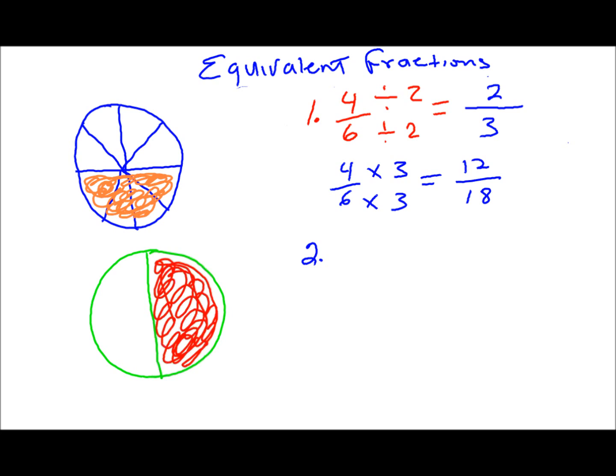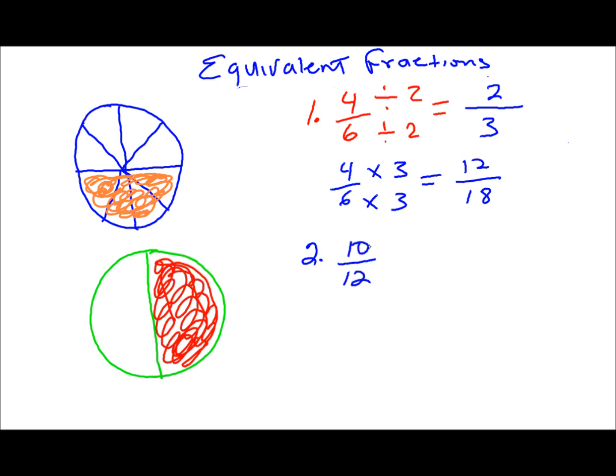So here we have, let's try 10 over 12. Again, we can divide, looking at the factors: 1 times 10, 2 times 5, and for 12, 1 times 12, 2 times 6, 3 times 4.